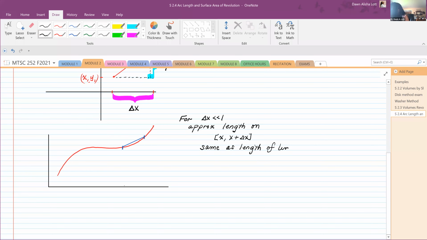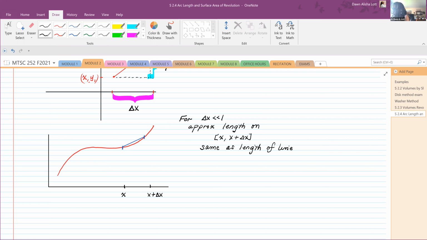Between here and here, this is x and this is x plus delta x. If it's really small, it doesn't have too much bend to it, so I can approximate the length on that curve. Now I want to take the whole curve and do that.